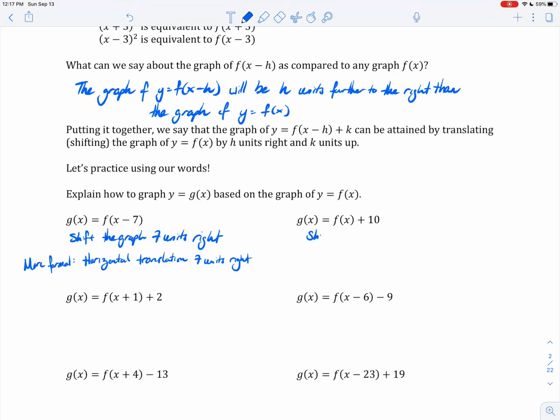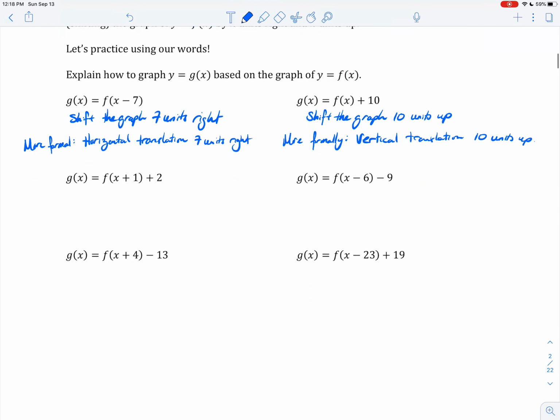So you can say that will shift the graph 10 units up. Or, more formally, we have a vertical translation, meaning that we're only talking about up and down, and that is 10 units up.